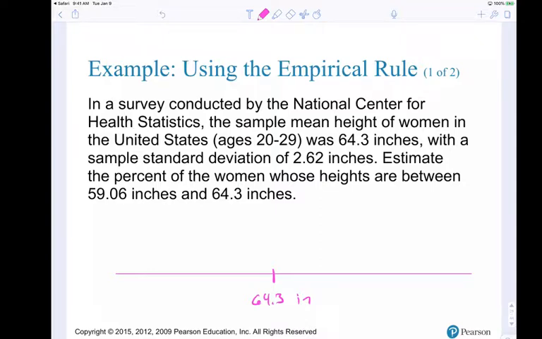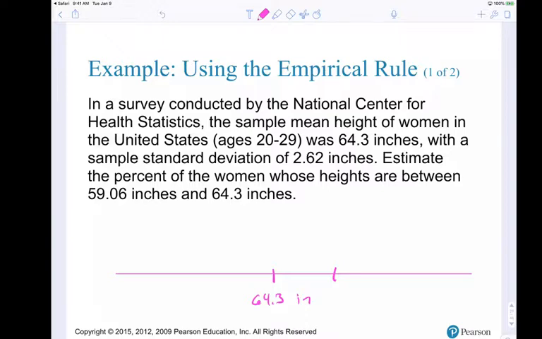So now, what's 64.3 plus 2.62? No, 66.9. Okay.